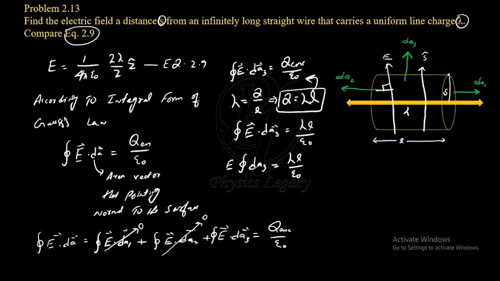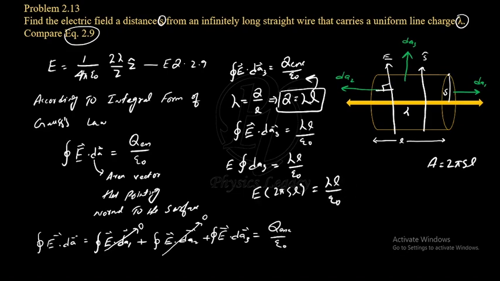And here the closed integral of dA3 is the area of this Gaussian surface, or curved surface, that is A is equal to 2 pi S L. We put this area into the equation and we have E times 2 pi S L is equal to lambda L over epsilon naught.